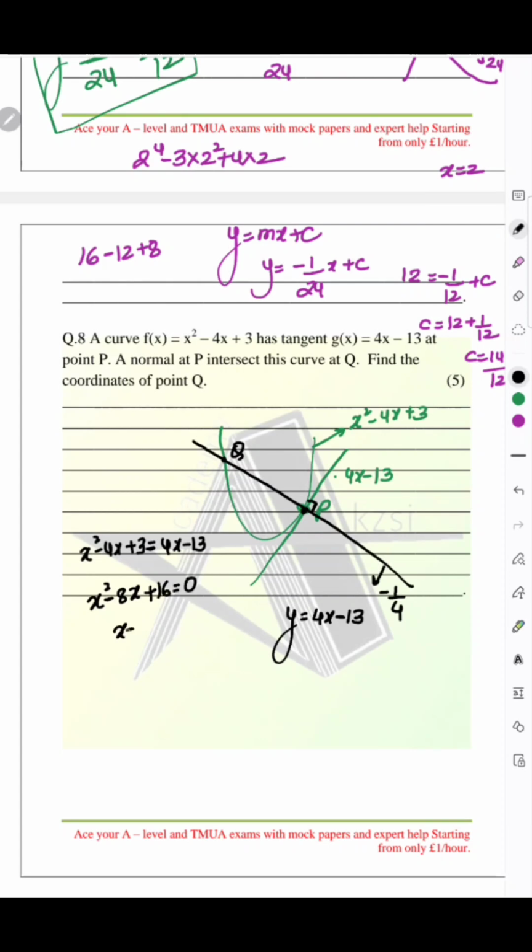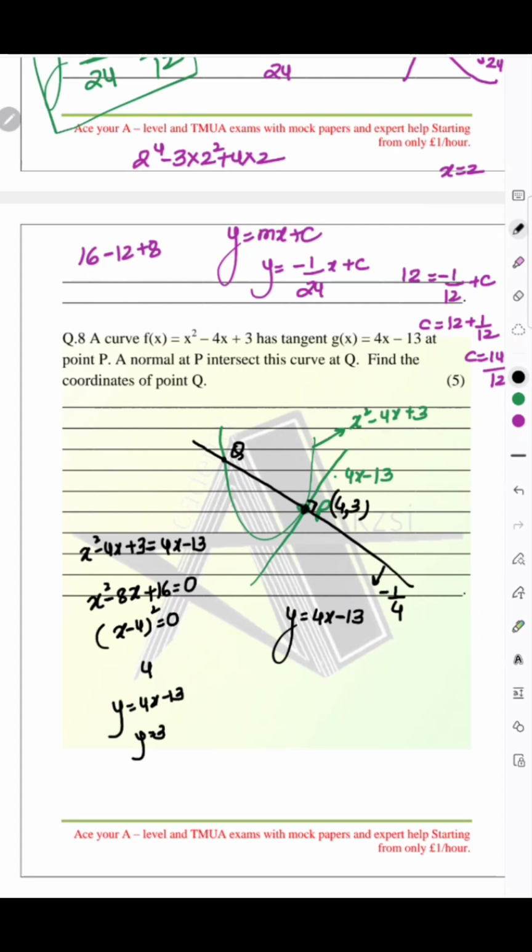That means (x minus 4) whole squared, so the x-value is 4. With x equal to 4, the value of y from y equals 4x minus 13 will be 3. So 4 comma 3 is the point here.